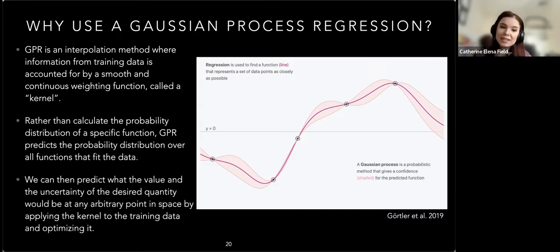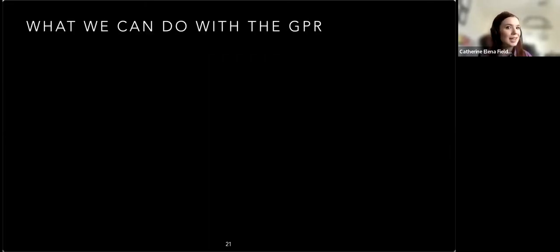What's great is that you can predict a value and uncertainty of the quantity that you want at any arbitrary point in space after you've applied the kernel to the training data and optimized it. So this is a type of machine learning, but it's actually very accessible and easy to use. You could sit down and write a Gaussian process regression in less than a day.